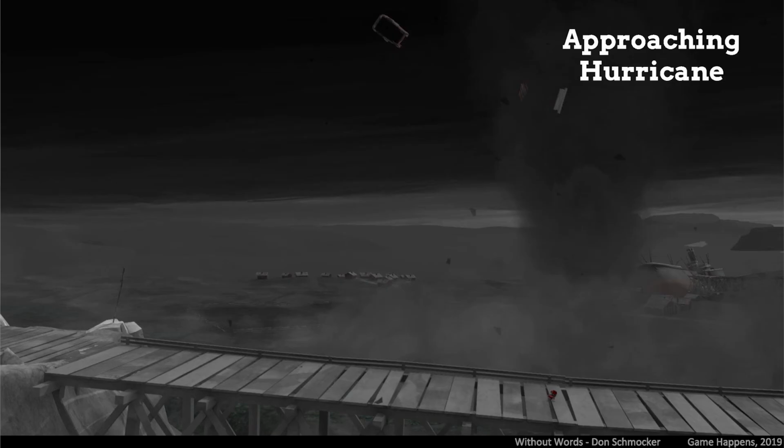The climax of this area is that the player reaches the hurricane, and the hurricane chases the player, and the knowledge that was previously introduced now really is important for the player, and really affects the player.